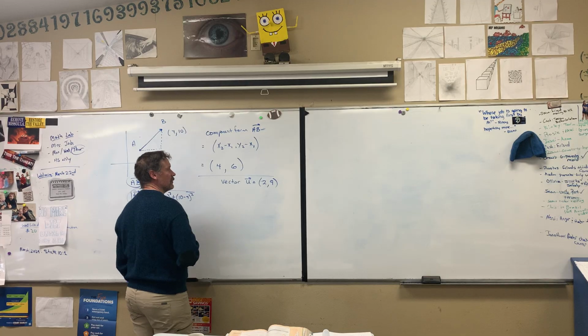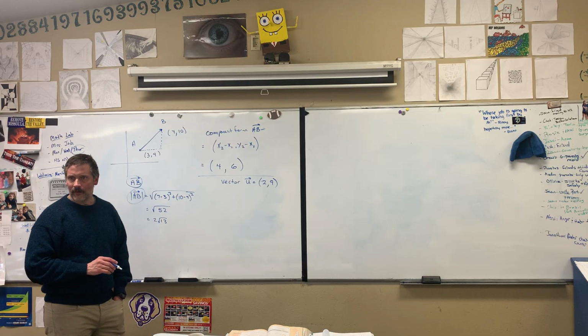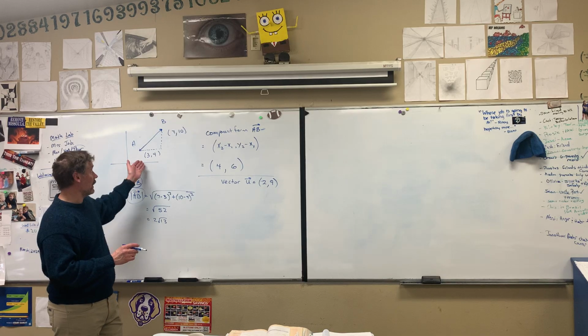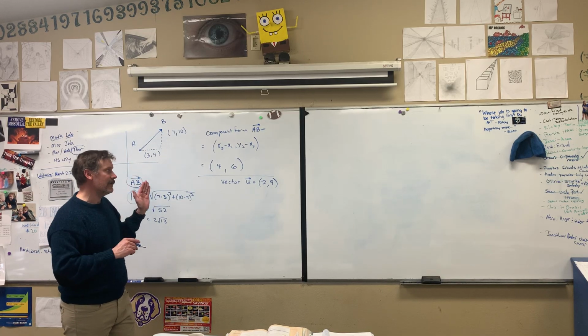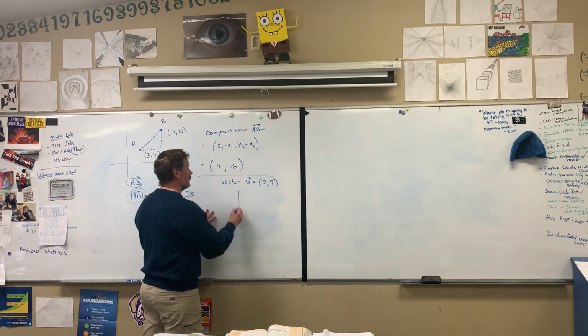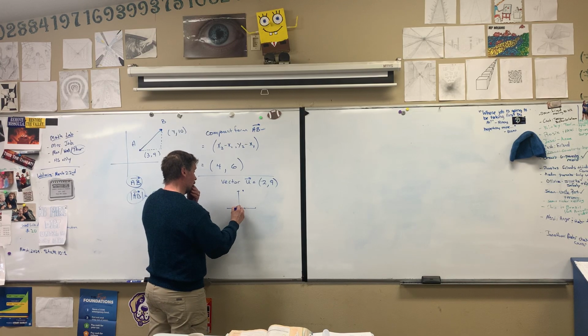If they say vector u is 2, 9, how do I know? Because here I had an A and a B, I had 2 spots, 1 spot to start, 1 spot to end. If they give you something like that, the assumption is you're starting at the origin and then going over 2, up 9, and here is vector u.